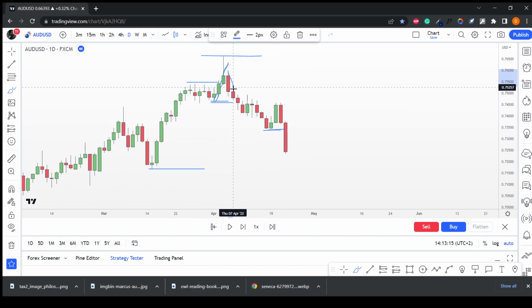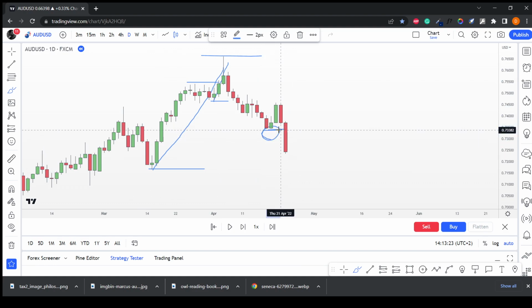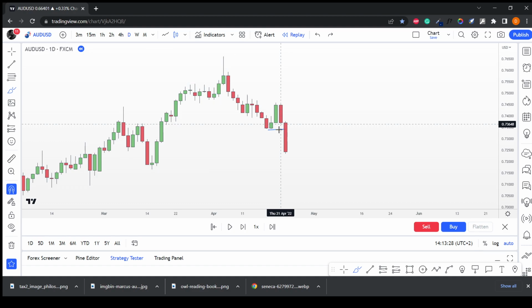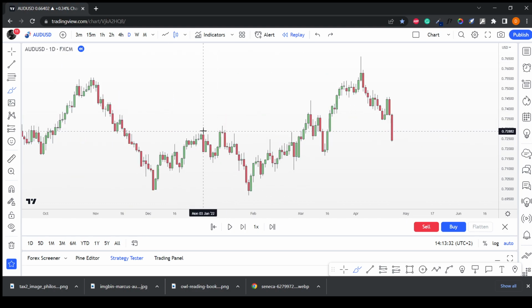So we had these breaks and then this break. But if we imagine that this is one impulse, then we can find ourselves in a situation where we are following inside structure instead of outside structure. So remember, always zoom out and then go from left to right.